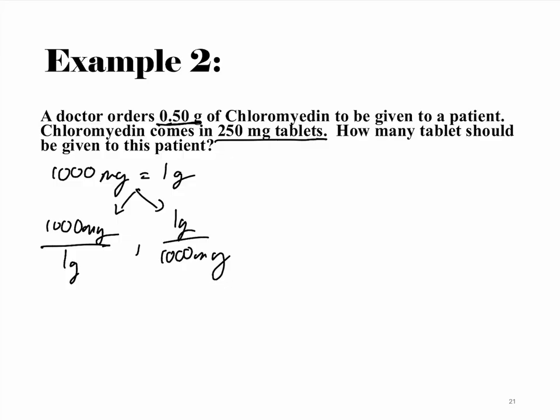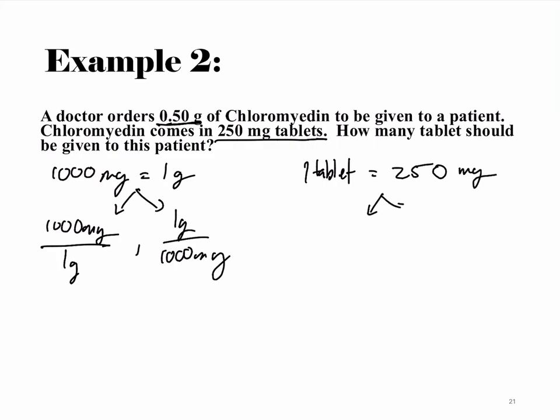It's going between what 2 units? Milligrams and tablets, right? So what's the equality we have there? 1 tablet equals how many milligrams? 250 milligrams, right? So 1 tablet equals 250 milligrams.